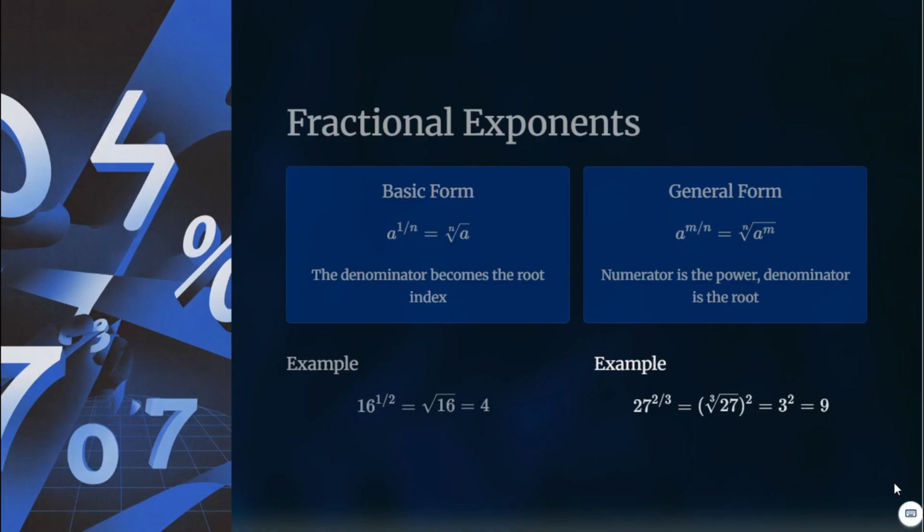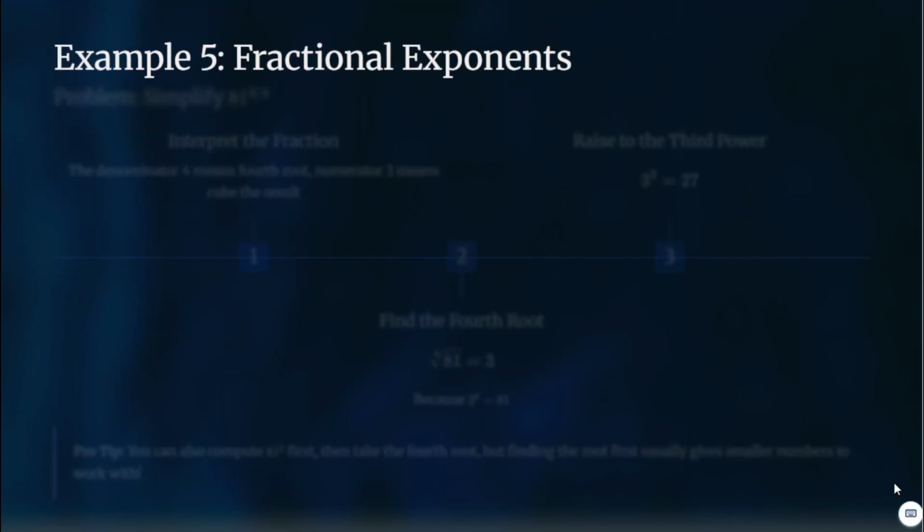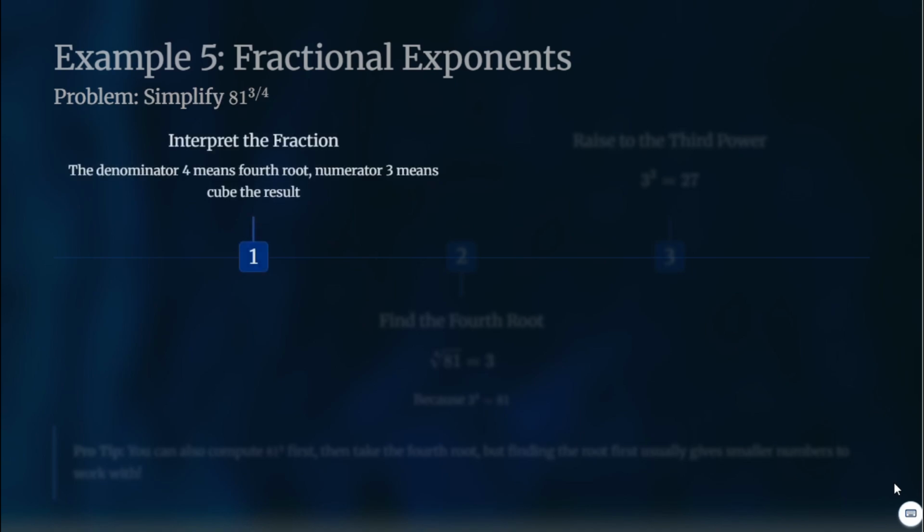So fractional exponents are just another way to write radicals. And understanding this connection can unlock powerful simplification techniques. So here's an example. We want to simplify 81 raised to the power 3 over 4. First, let's interpret the fraction.